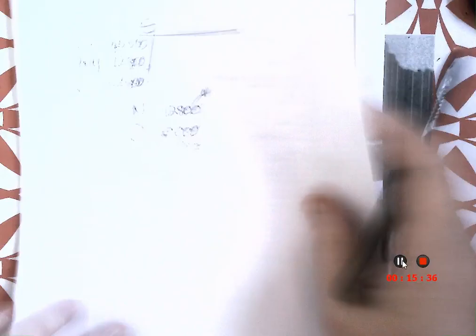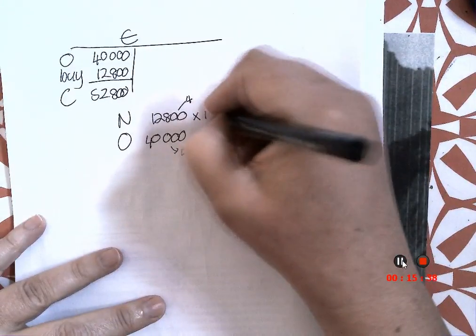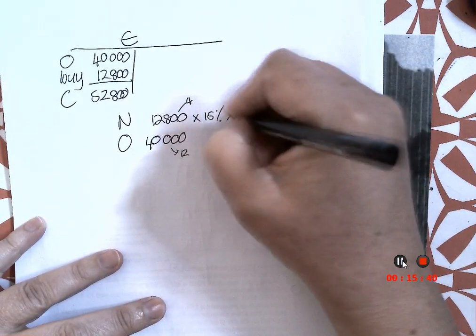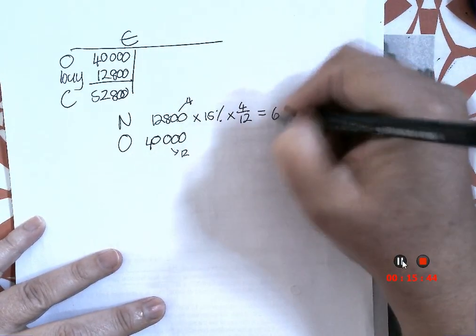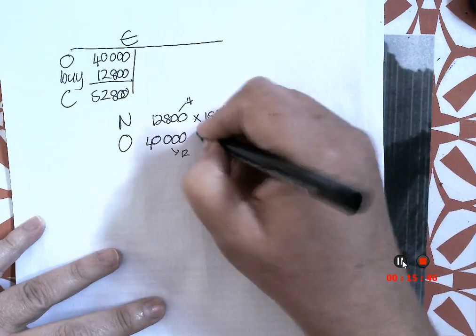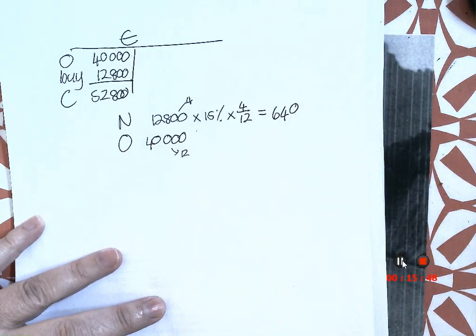So now they say to me the depreciation is 15% diminishing. So 15% for 4 months gives me 640. But now it's diminishing balance method.